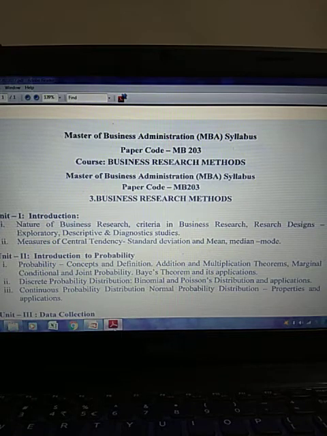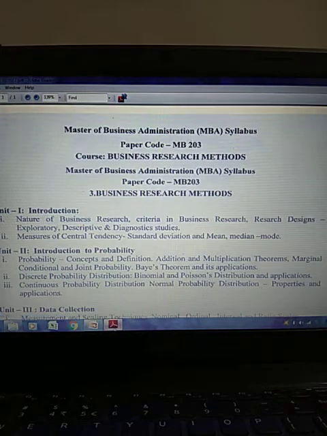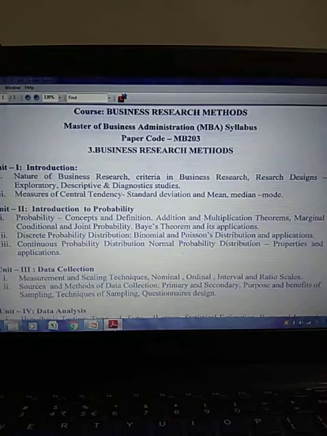Two types of distributions: one is discrete distribution and the other is continuous distribution. Under discrete we understand binomial and Poisson, and under continuous we understand normal distribution. That finishes the second unit.